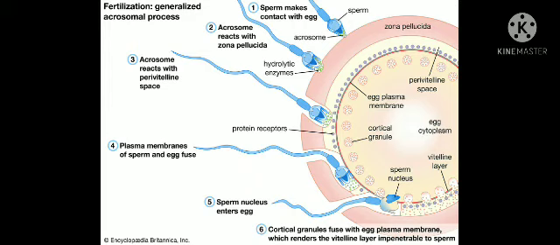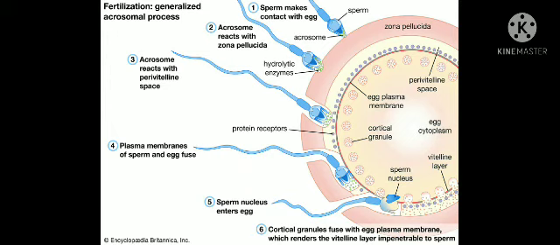Okay, the process of capacitation takes about 5 to 6 hours, and capacitation is obviously a kind of change. The changes observed in the sperm during capacitation are as follows. First is the loss of decapacitation factors, meaning the sperm removes all those factors which decapacitate it, which reduce the capacity of the sperm to fertilize.